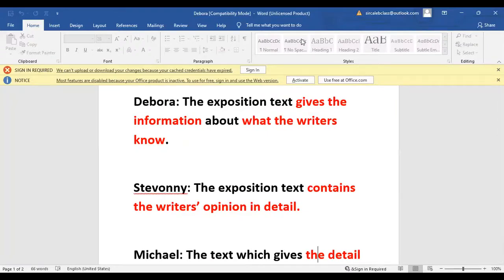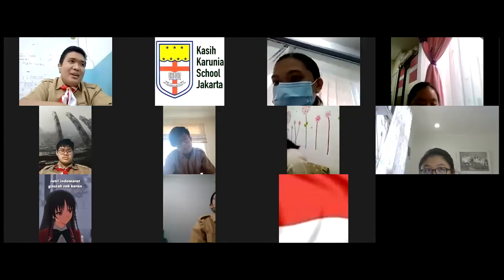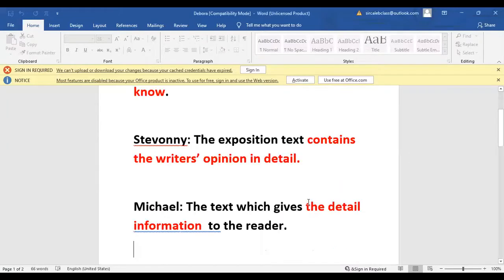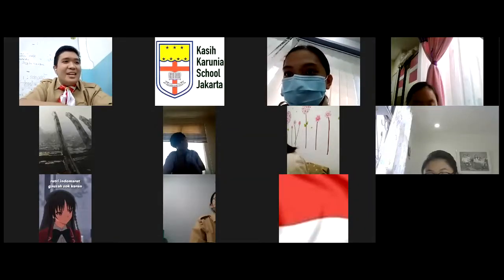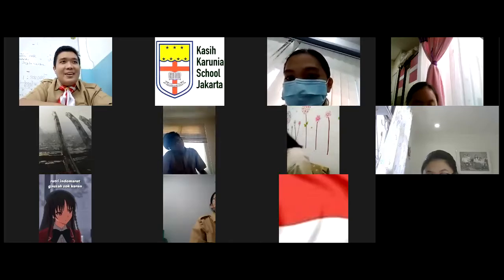Stephanie said that the exposition text contains the writer's opinion in detail. Michael said that the exposition text gives detailed information to the reader. So this is the similar one. They emphasize the words detail information.